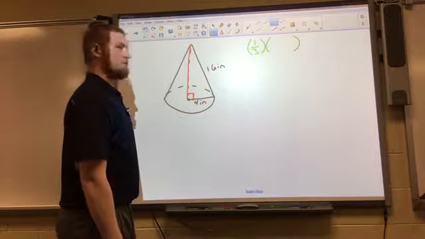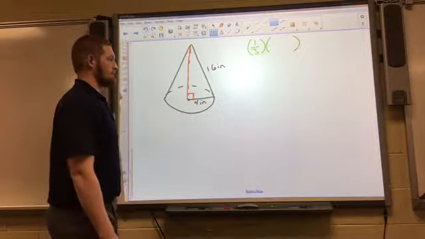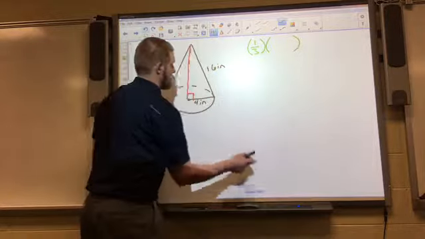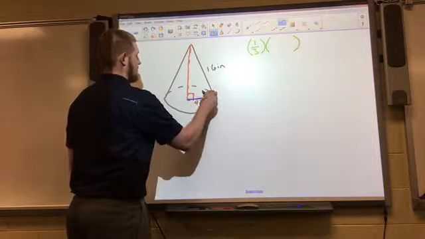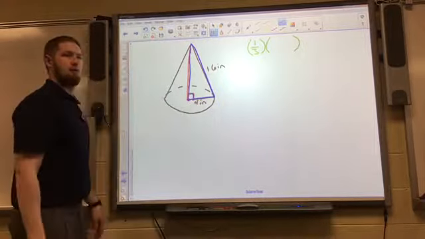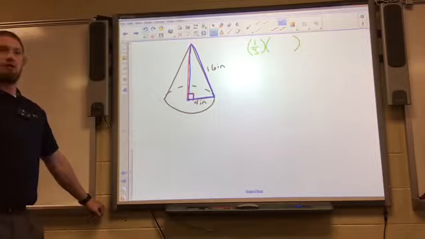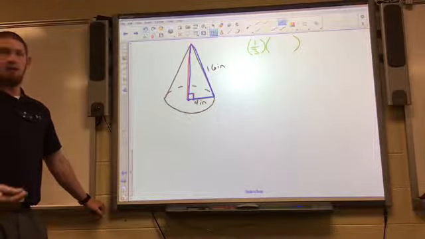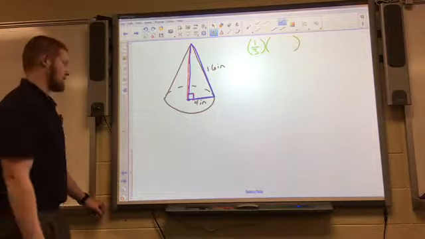So Vincent, how do I find the actual height? Not sure? Royal? A squared plus B squared. Why? This right triangle right here. Does everybody see that? Just like we did 2 lessons ago to find the slant height, except now we want the actual height. Okay?